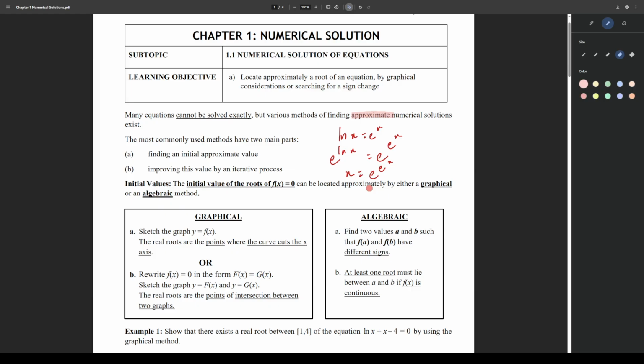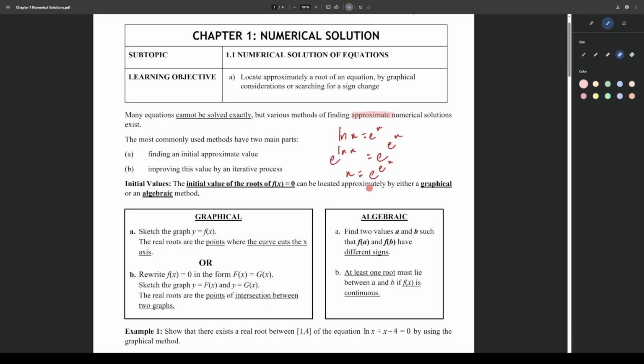So there are two basic methods lah, ini paling basic sekali. There are more complicated and more exact ways to approximate solutions, but right now we're just introducing you. So kamu belajar basic dulu lah, which is graphical and algebraic.